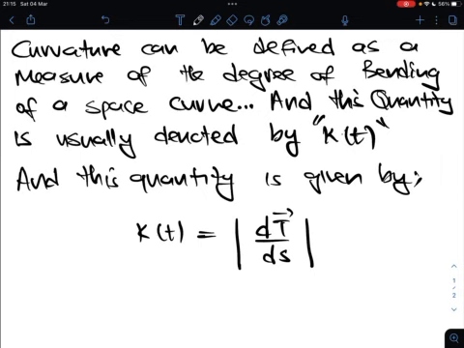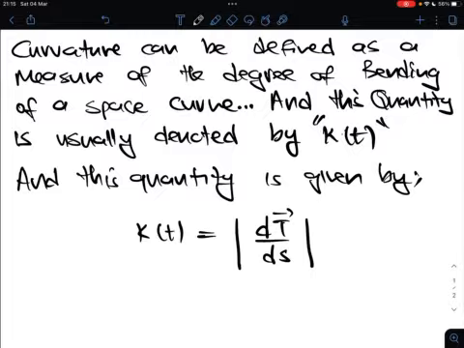So one way we can quantize the curvature of a curve is by tracing out how the tangent vector is changing with respect to arc length. If we can measure how that vector is changing its direction with respect to arc length, it can give us a way of measuring this thing that is called the curvature.